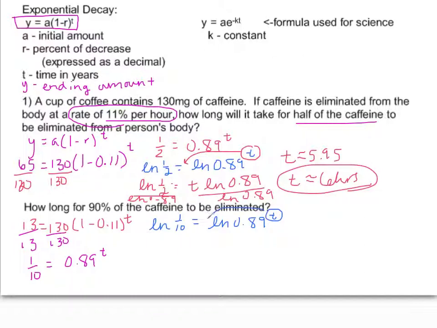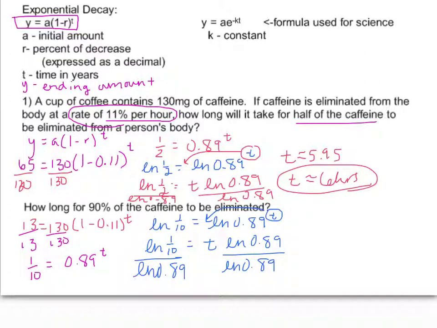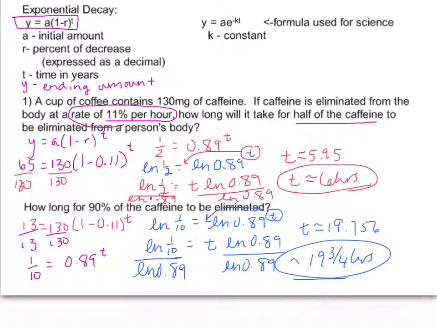Using our properties, that exponent can be dropped in front. So the natural log of 1/10 is equal to t times the natural log of 0.89. Then to get the t alone, we divide both sides by the natural log of 0.89. The natural log of 1/10 divided by the natural log of 0.89 gives us 19.756, or about 19 3/4 hours.